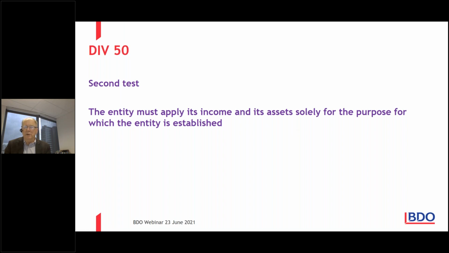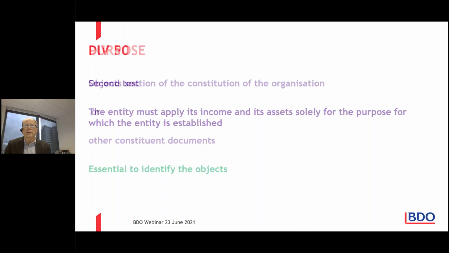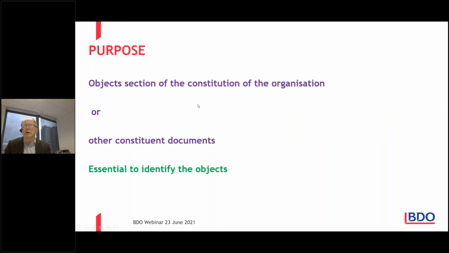So it's critical that you can point to the object section of the organisation or other constituent documents. For a church group, again, it will be to say, well, what are the objects? What is the purpose of our congregation? But it's important that you can.